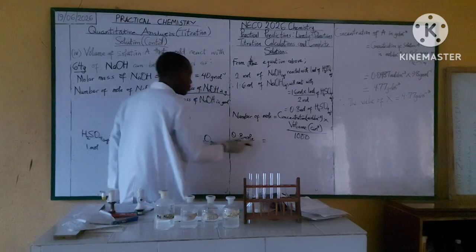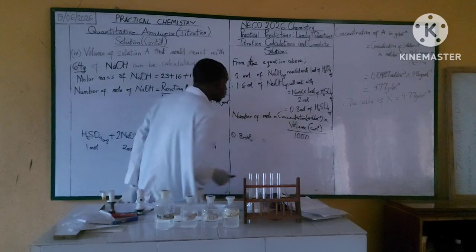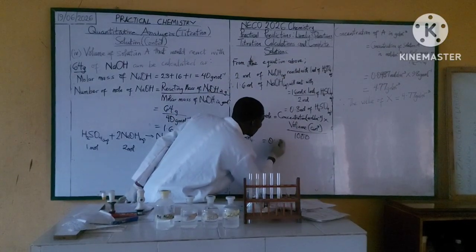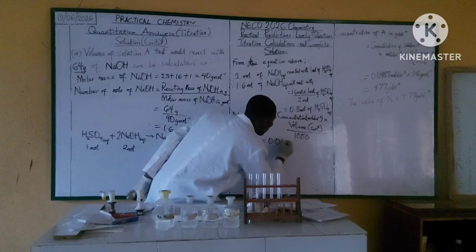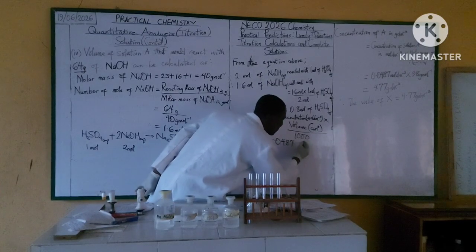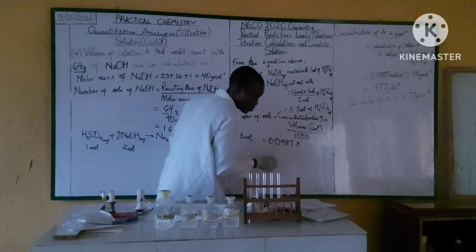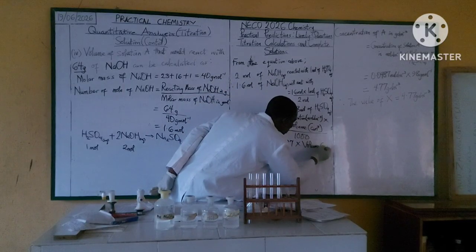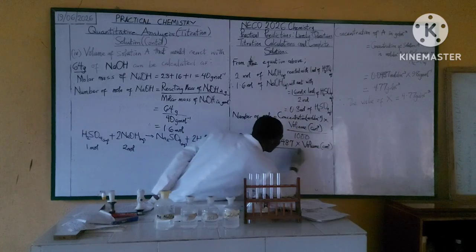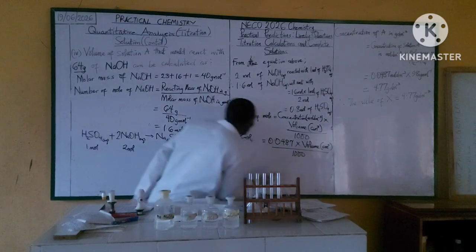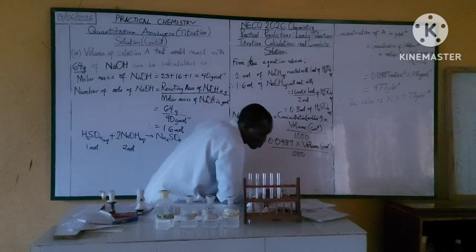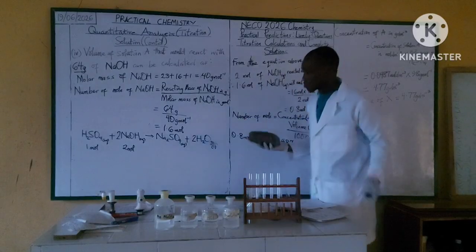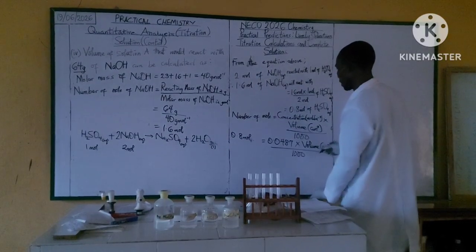So 0.8 mole equals the concentration of the acid, 0.0487, multiplied by volume. The volume is what we are looking for, in cm cube, everything divided by 1000. If we do a cross multiply, we are going to have the subject of the formula, the volume.